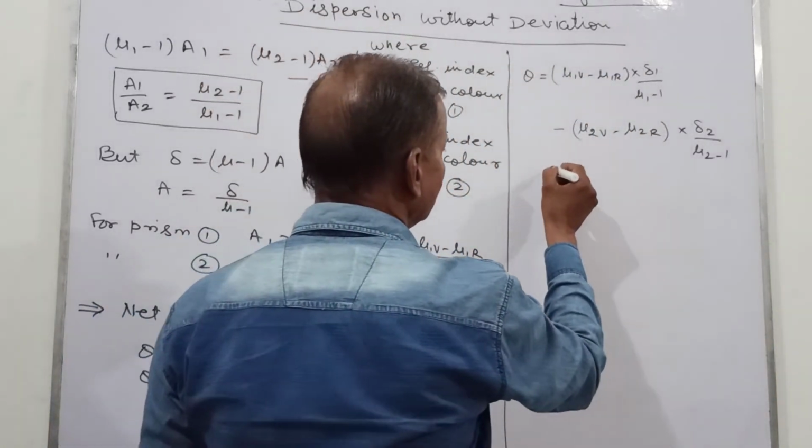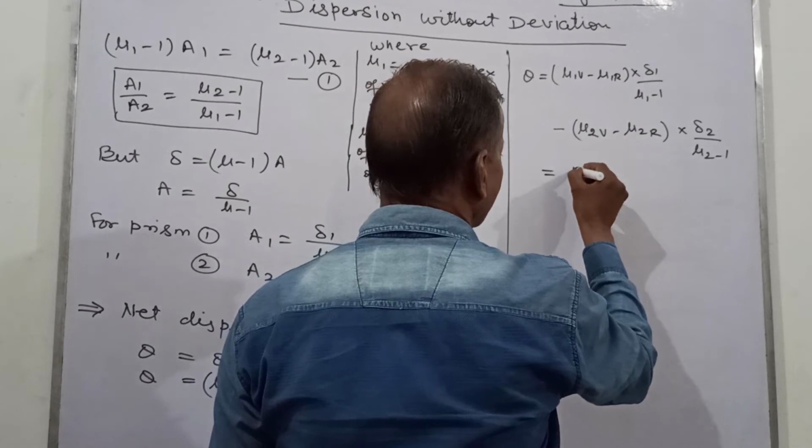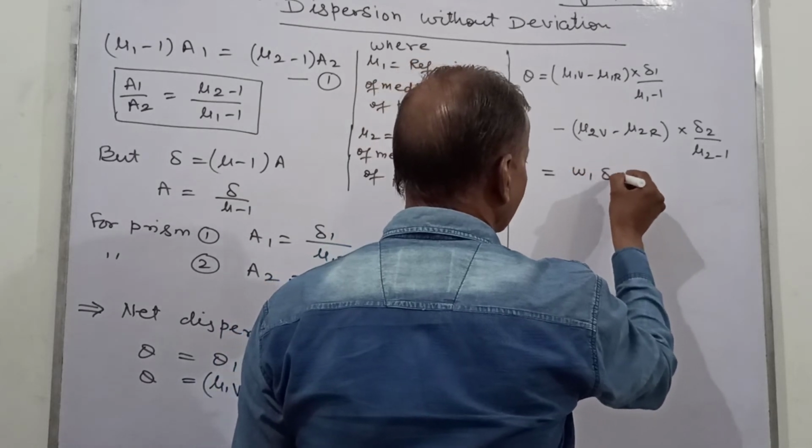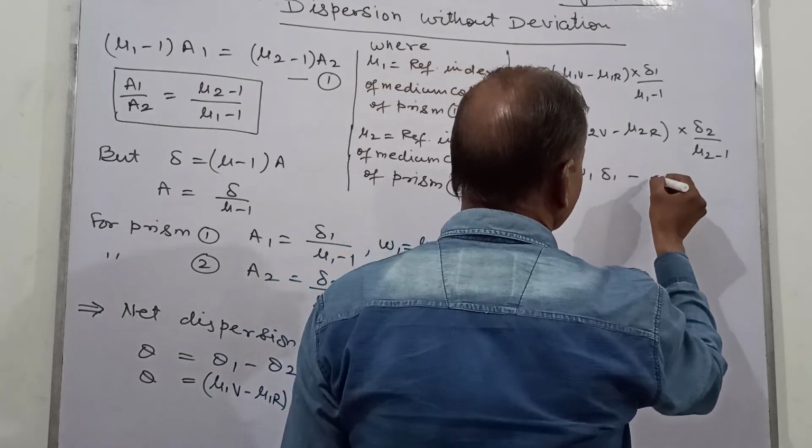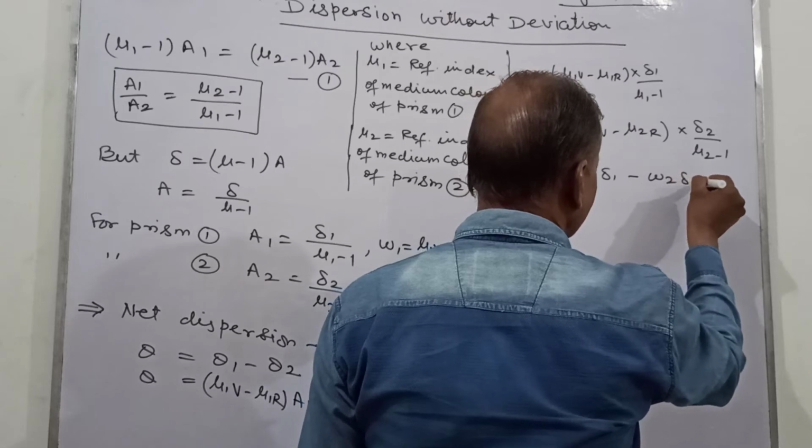So this is equal to omega 1 delta 1 minus omega 2 delta 2.